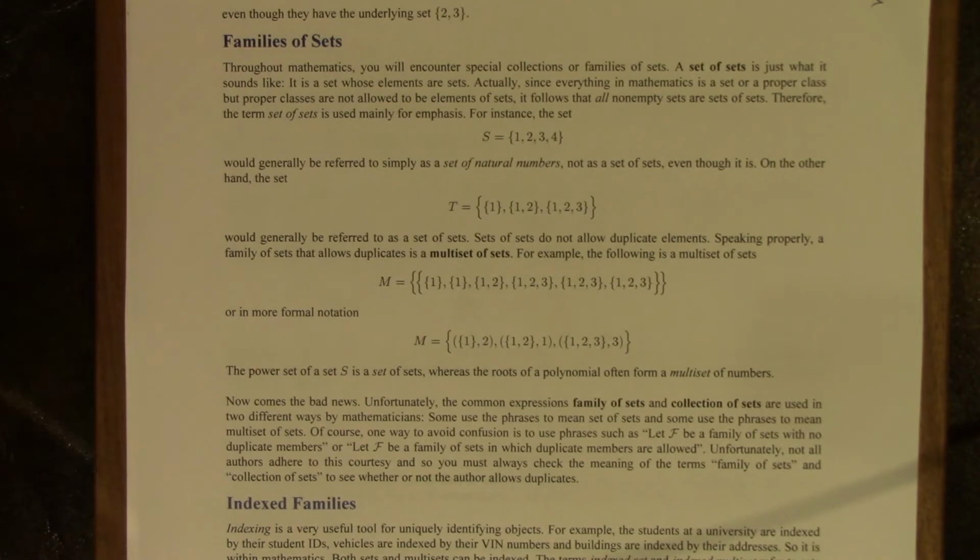Any non-empty set has elements. Those elements are sets because they can't be proper classes. And so all non-empty sets are sets of sets. So that's nothing new. So the term set of sets tends to be used mainly for emphasis.